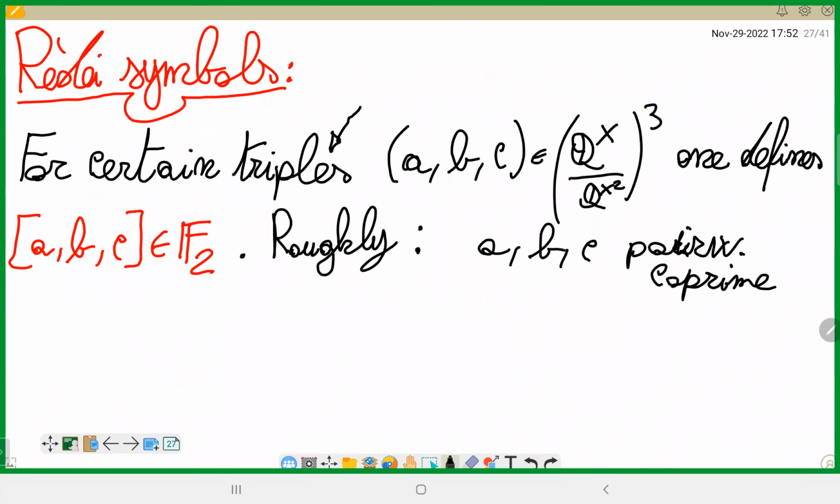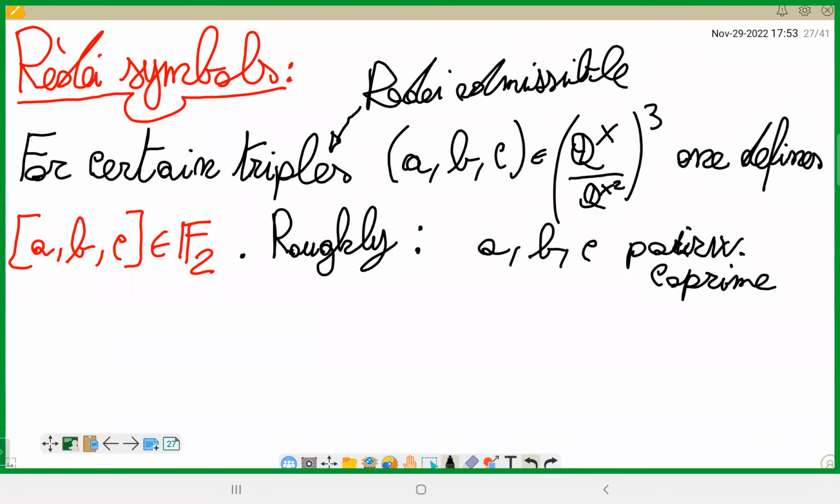Sorry, so A, B, C are in Q star mod Q star square, and here you have to put a lot of conditions, but I will just call them Rédei admissible. The conditions are essentially that the Hilbert symbols of A, B, A, C, B, C are all trivial everywhere. There are coprimality conditions. I will not go into the details of this. There are a bunch of conditions.